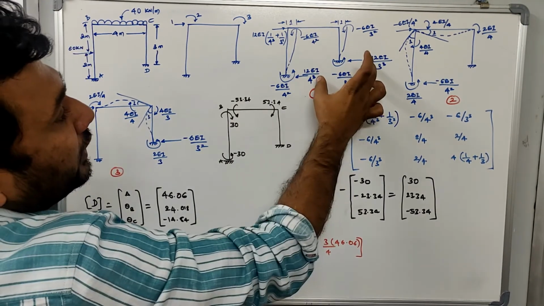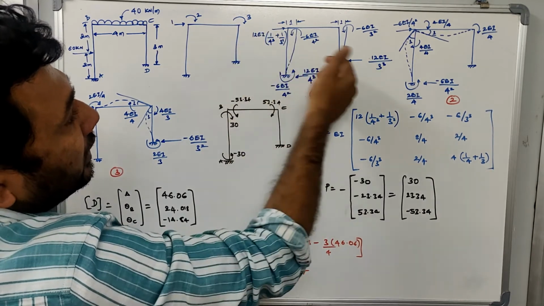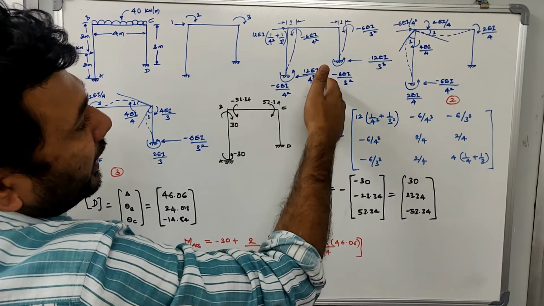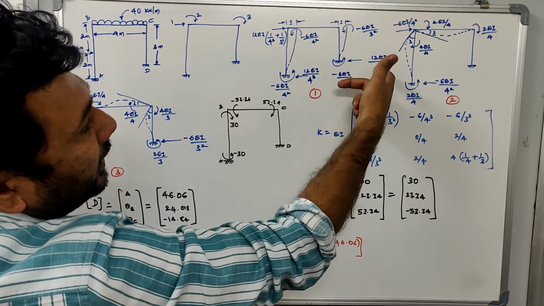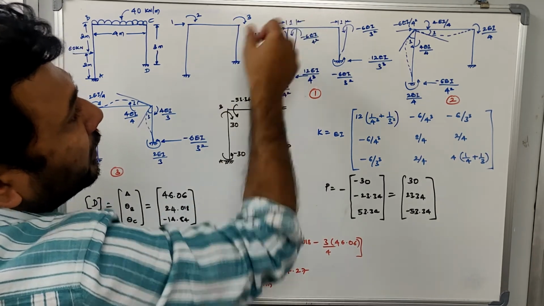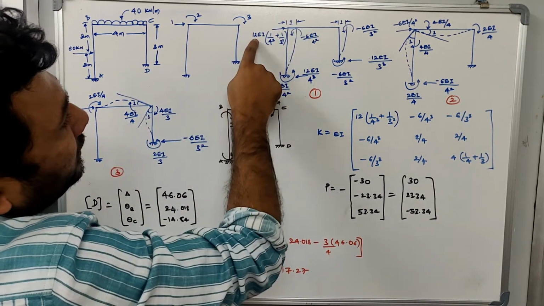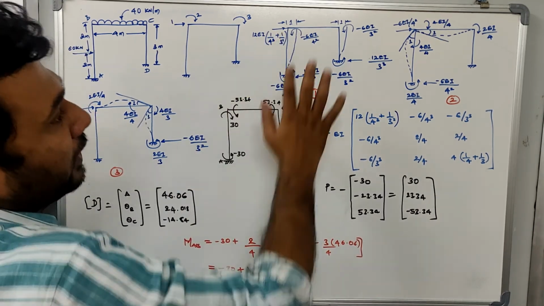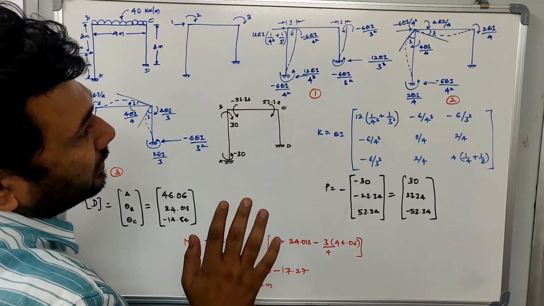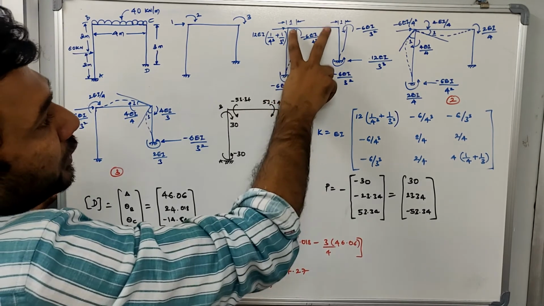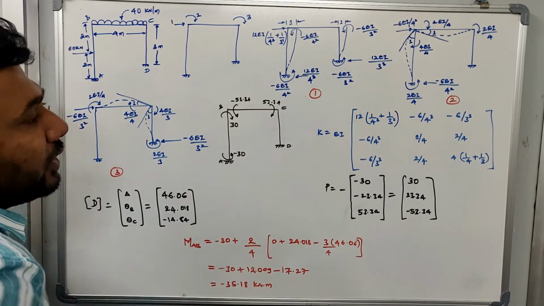So 12 EI divided by 4 cube plus 12 EI divided by 3 cube will be the force applied here to create the unit displacement. So the value is 12 EI into bracket 1 divided by 4 cube plus 1 divided by 3 cube. This completes the first coordinate, in which we applied the unit displacement. Okay, this is done. Now what is the next step?